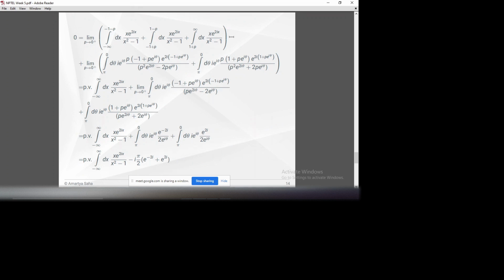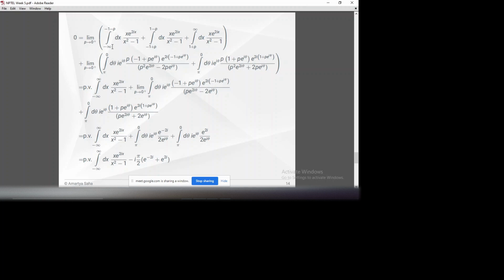So these are the three terms, and then in this line these are the two terms that involve the integration around the semicircle. Okay, so let us look at this first term.